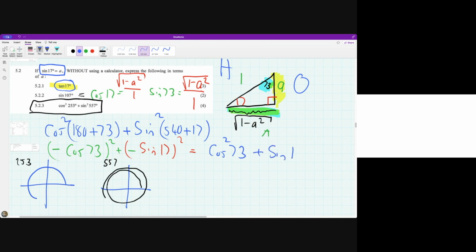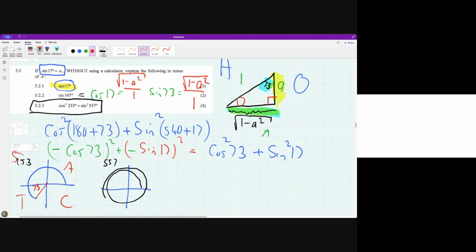I saw some unhappy faces there. So let me show you what I'm doing. 253 is just this angle. All this is showing you is that this last little bit is just 73 degrees. That's why, and it's in this quadrant, cos is negative. That's why it's minus cos 73.